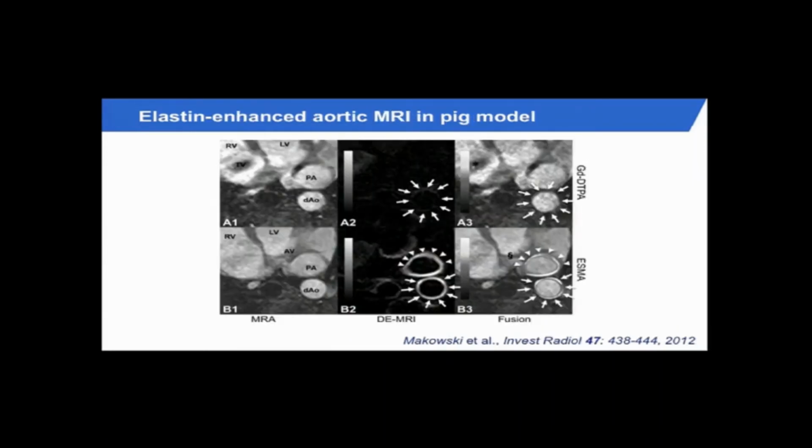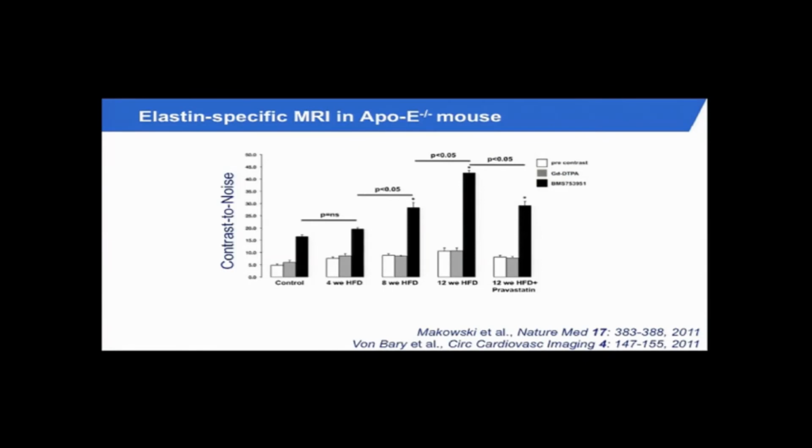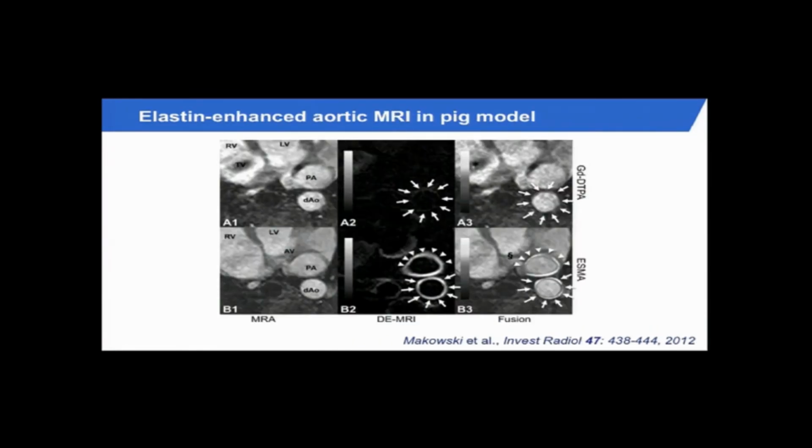So recently the group took this to a large animal model, a pig. I'm not sure whether it was on a high-fat diet, but it had appreciable plaques. And what is shown here at the level of the abdominal aorta is a comparison of gadolinium DTPA, so the non-targeted agent, clinically approved, to the elastin-specific molecular agent that I just described, showing very nicely highlighting the vessel wall in this pig model.